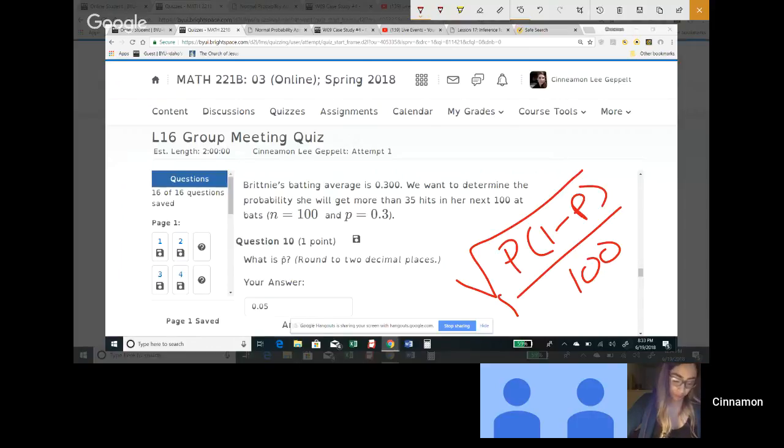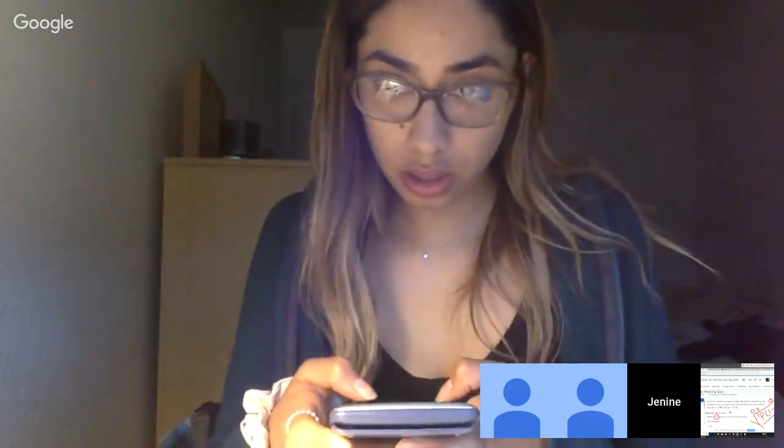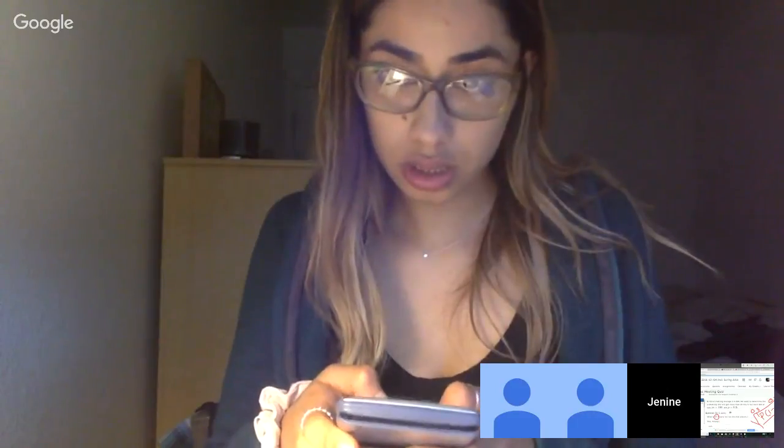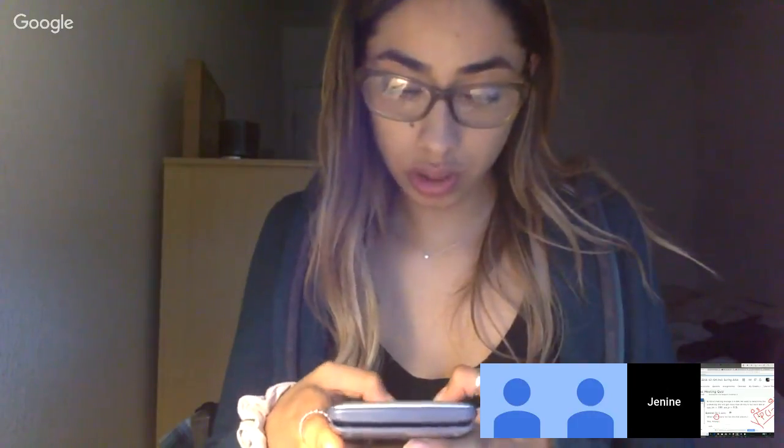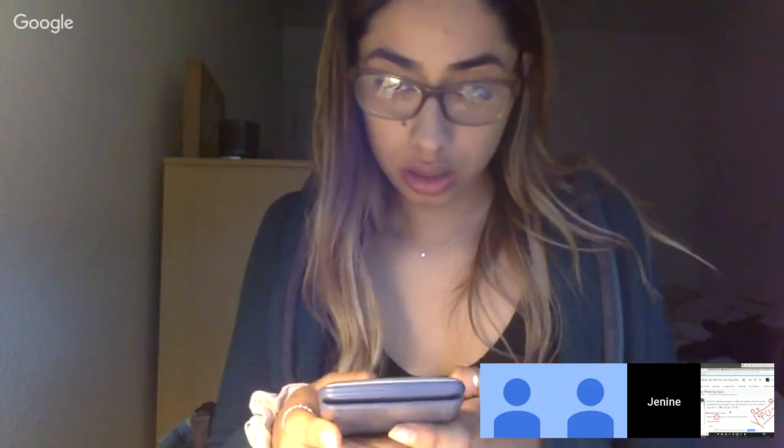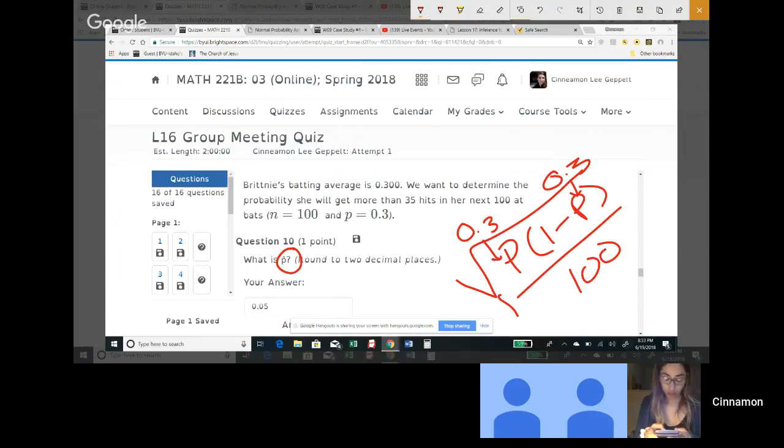Yeah. And that's what equals this little dude right here. So are we going to do 0.3 right there and 0.3 right there? I take the square root of 0.3, and then we're going to do 1 minus 0.3 parentheses all over 100.